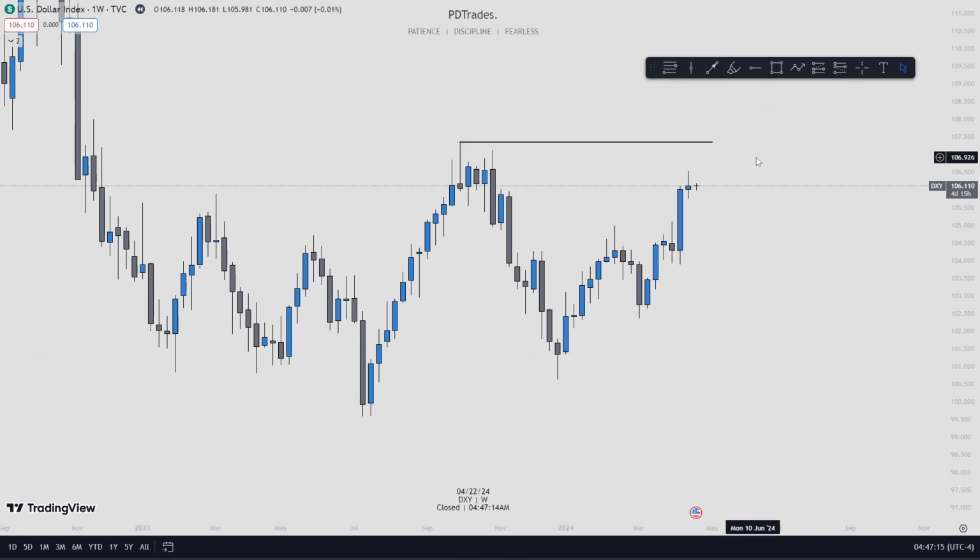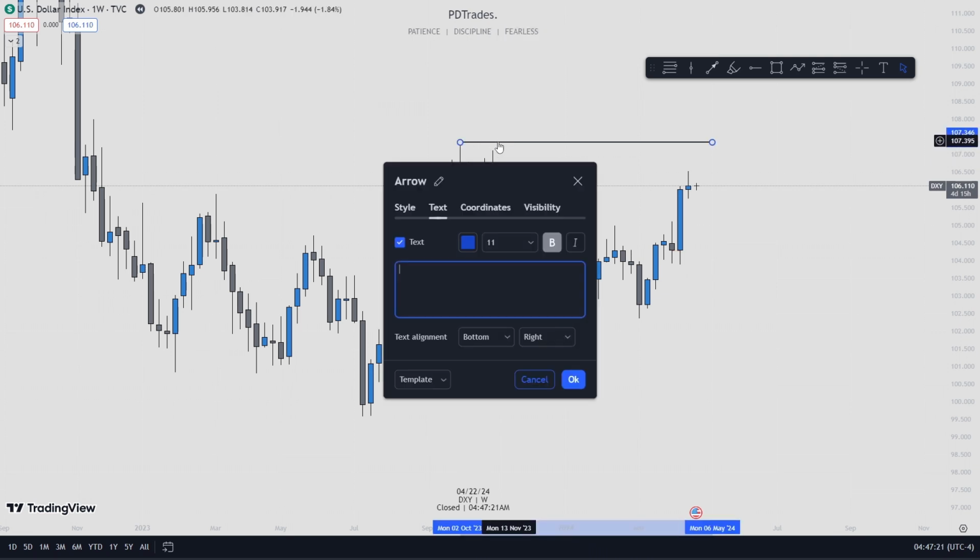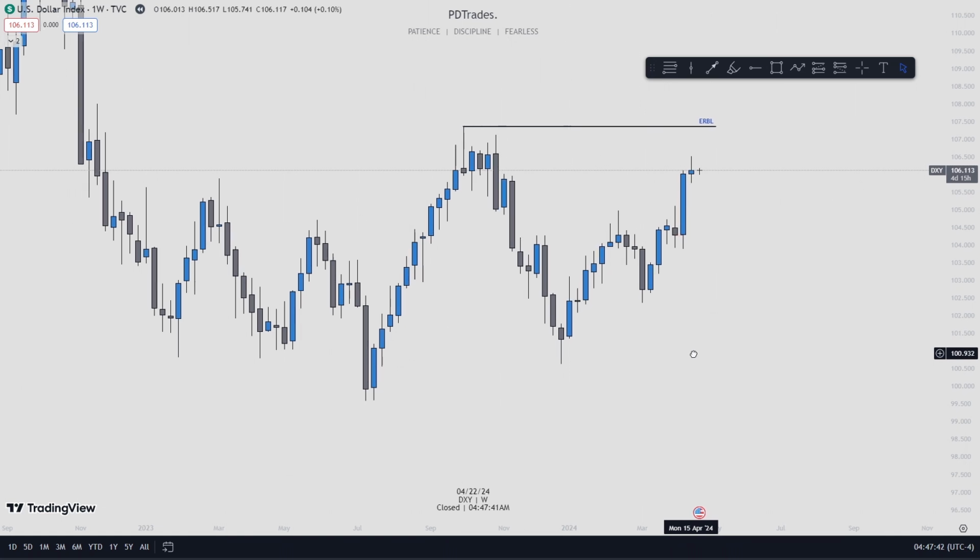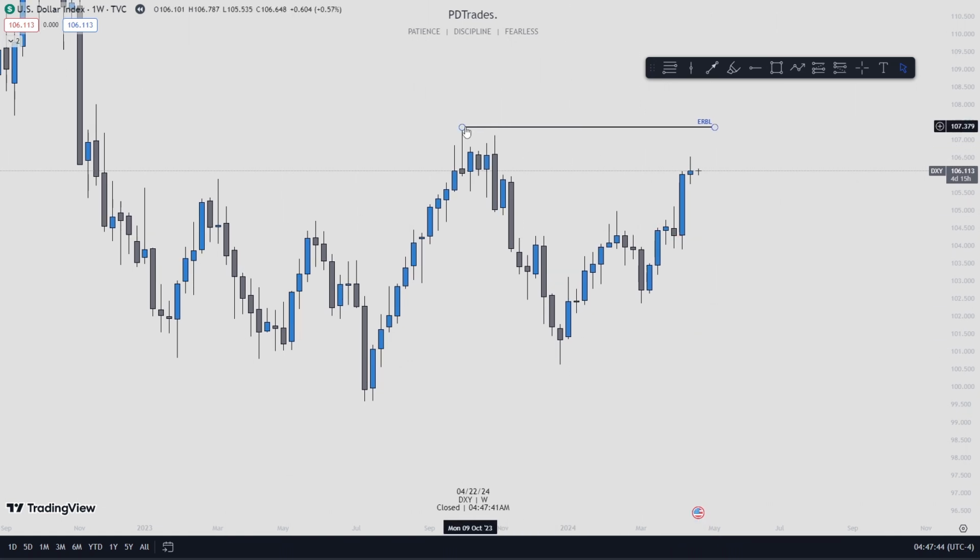as I can see from the dollar on the weekly time frame, the dollar is currently drawn to this external range, buy side liquidity. Let me put it to the top, right?